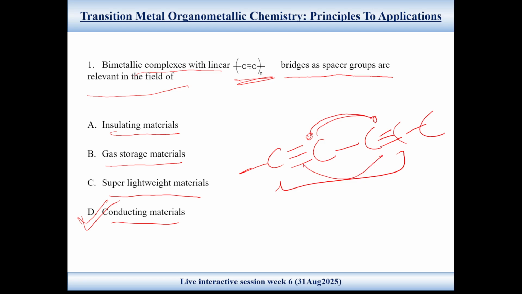So these can transfer the electron from one alkyne system to another alkyne system through the conjugated pi electron cloud. So these compounds act as a very good conducting material.